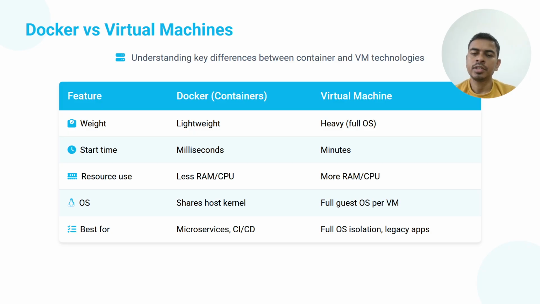Resource usage is very low for Docker, and high for a virtual machine. Portability is excellent for Docker, and there is a limitation for virtual machines. We can easily port a Docker container from one place to another, one operating system to another operating system also. The best use case is microservices and modern apps, and for a virtual machine, full OS isolation.